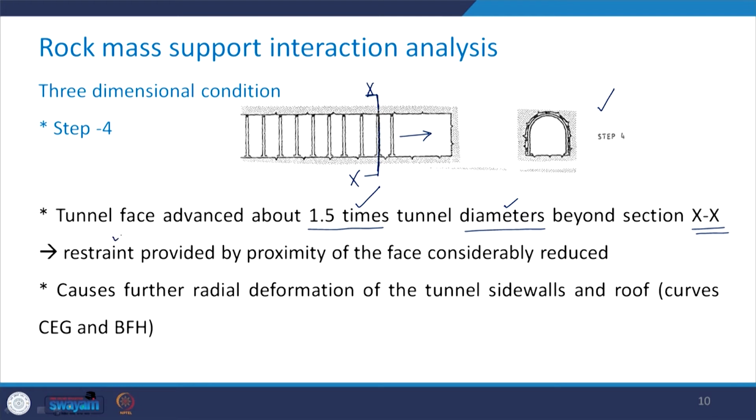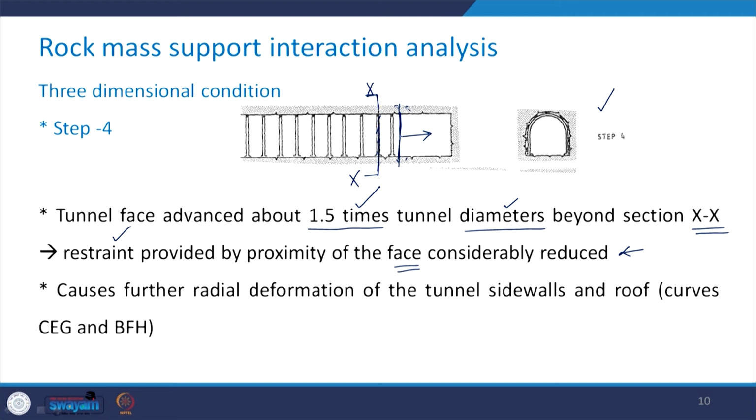So the restraint which was provided by the proximity of the tunnel face is considerably reduced. See, earlier in step 3 the tunnel face was here. So this section XX was getting enough restraint because of the rock mass which was present in the vicinity of this tunnel face.